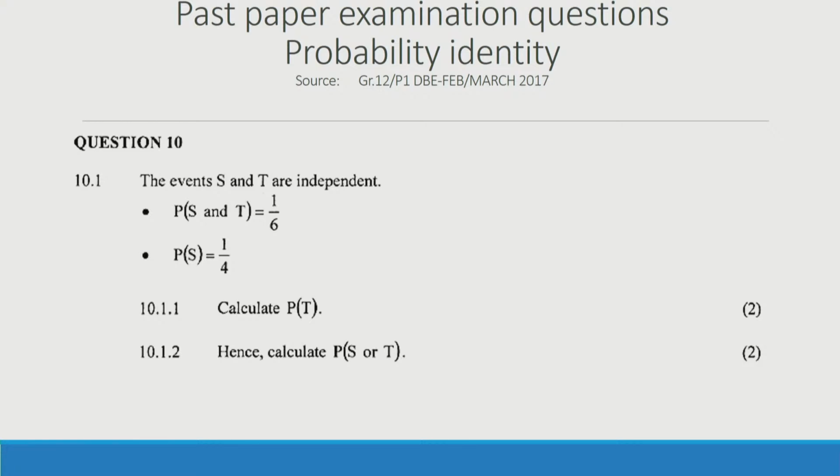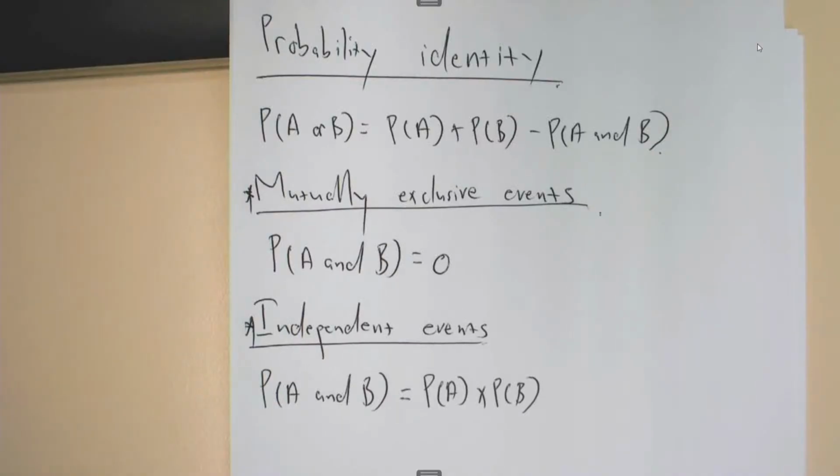Now let's go back to the first question that was taken from the supplementary paper written in 2017. It says here that the events S and T are independent. So immediately by them telling us that events S and T are independent, we know that for independent events, the probability of those two events will be equal to the product of the probabilities of those independent events.